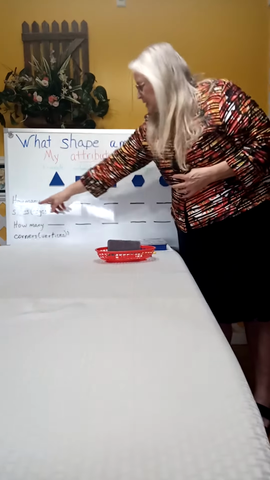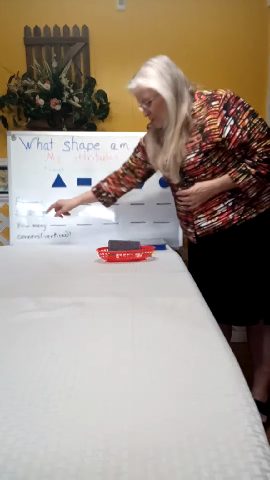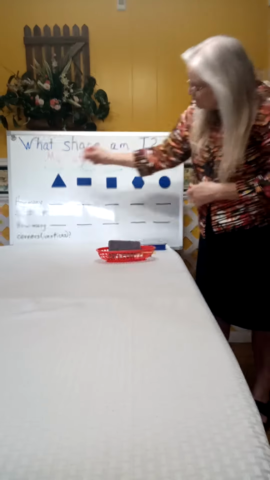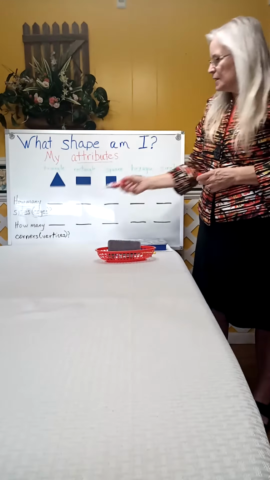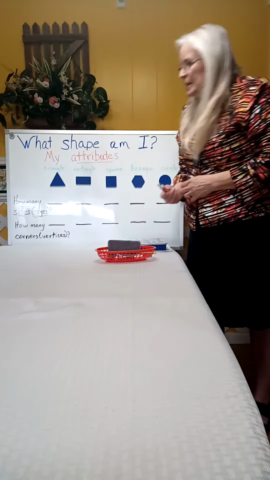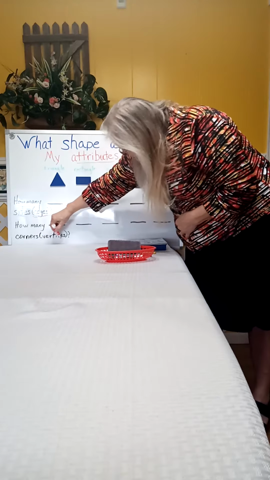The first one is how many sides or edges. And we're actually going to use the word edges. Okay? But if you hear sides, it's the same thing. But we're going to use edges. And we're going to say how many corners or vertices.